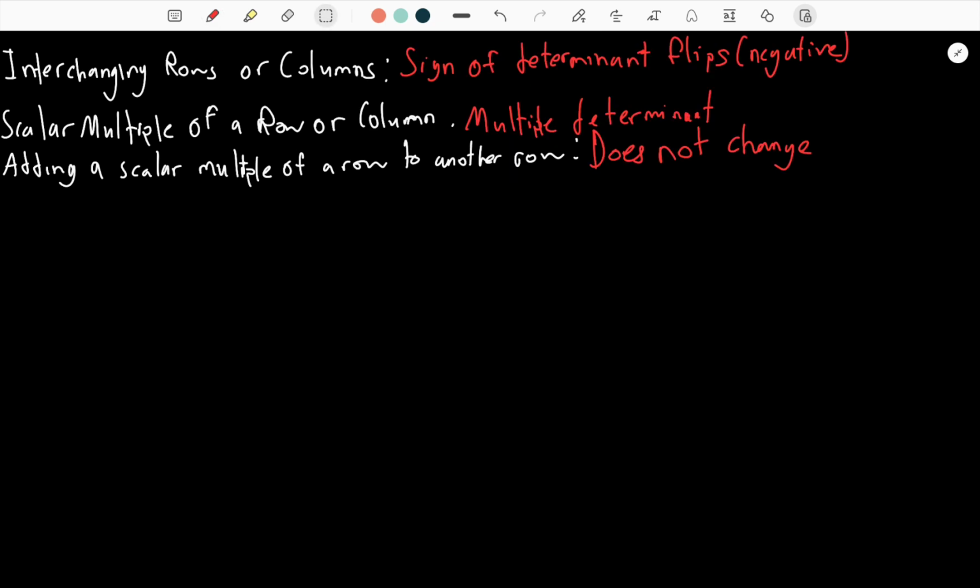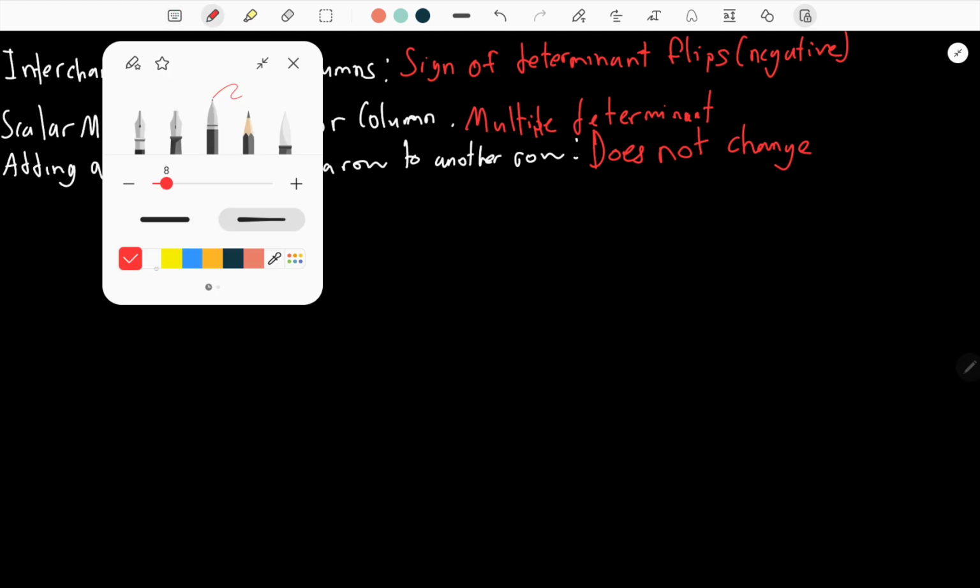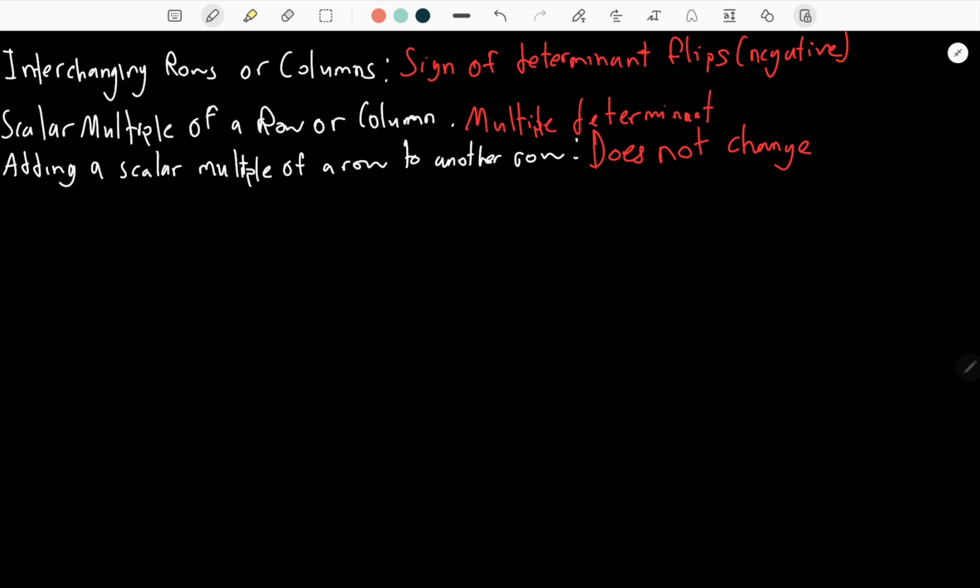Here are some last effects on the determinant if we do any of these operations. If we interchange any rows or columns, the sign of the determinant flips. So let's say the determinant is 1 and we swap row 1 with row 3, the sign will just flip.